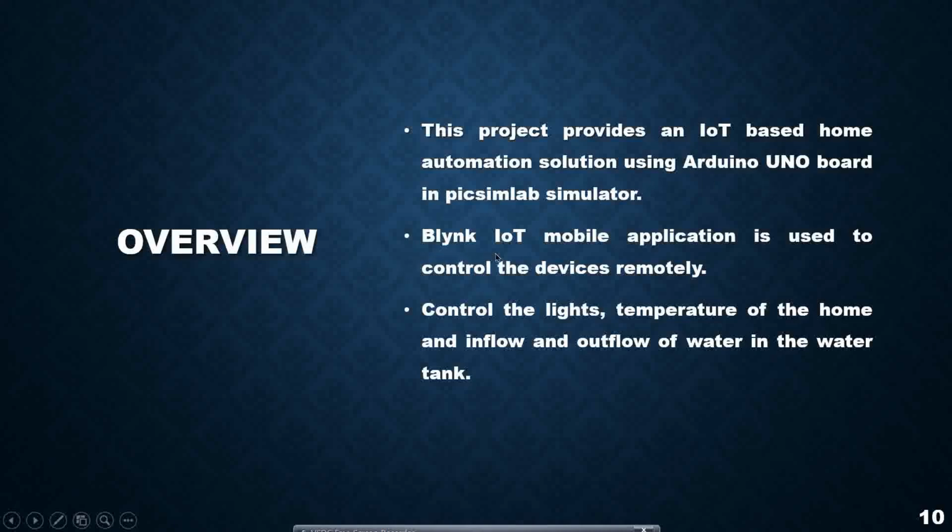We have also used the Blynk IoT mobile application to control the devices remotely, and we have tried to control the lights, the temperature sensing of the home, and the water tank volume control.